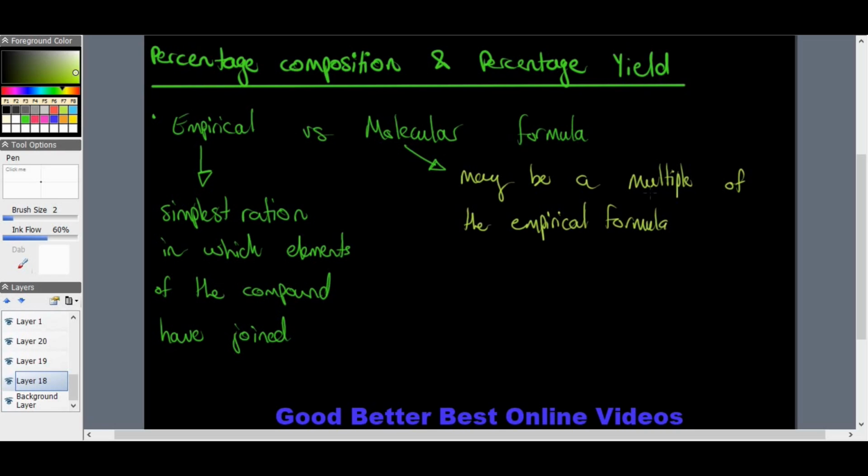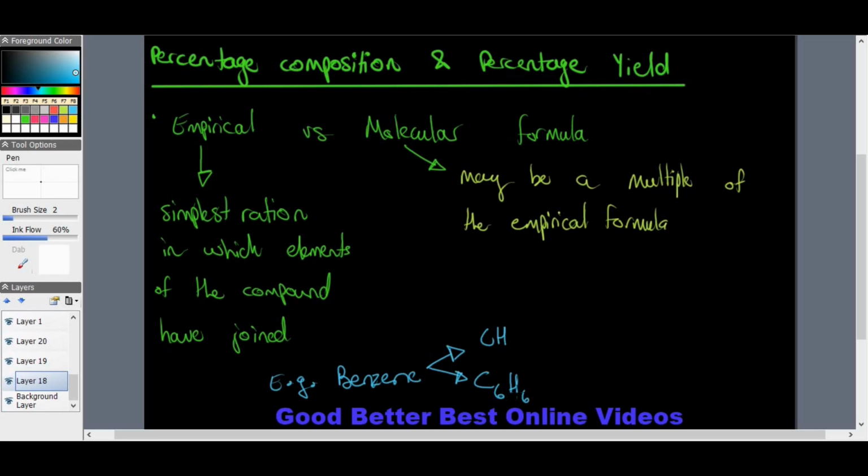For example, if we have benzene, which is a real substance that exists, the empirical formula is CH, but the molecular formula, in terms of how we actually write it, is C6H6.